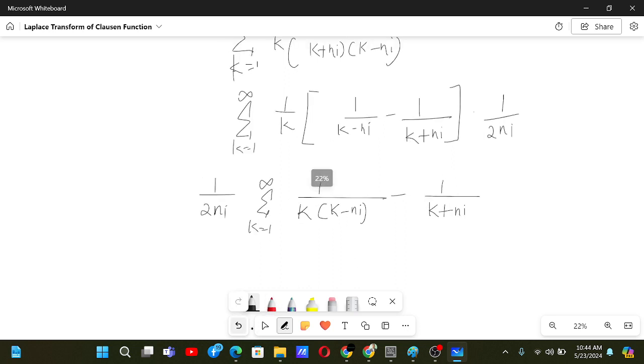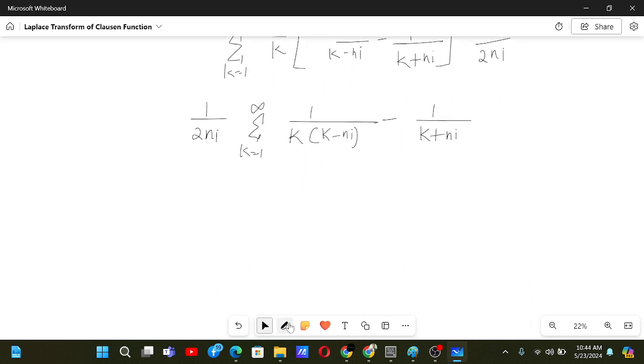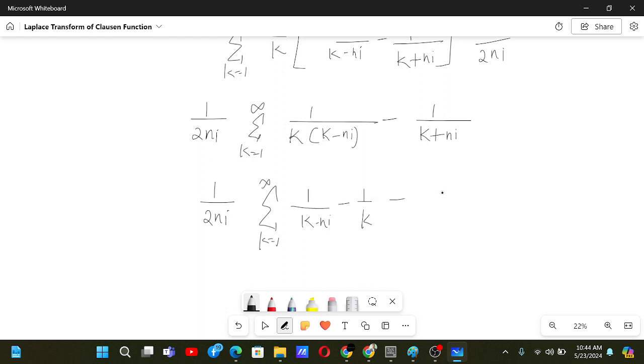Again, we break the partial fraction: 1 by 2ni, sum from k equals 1 to infinity, I can break this into 1 by (k minus ni) minus 1 by k, and we don't miss the k over here, that comes from over here. Now this is 1 by k minus 1 by (k plus ni).